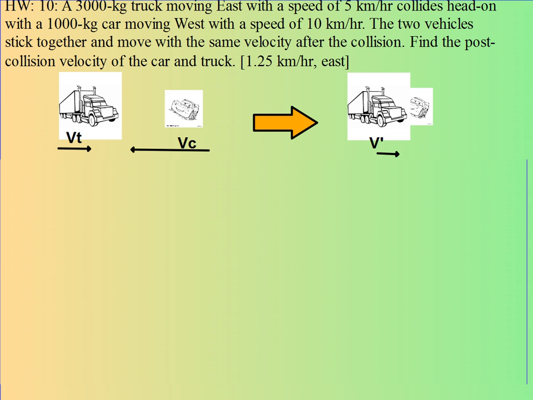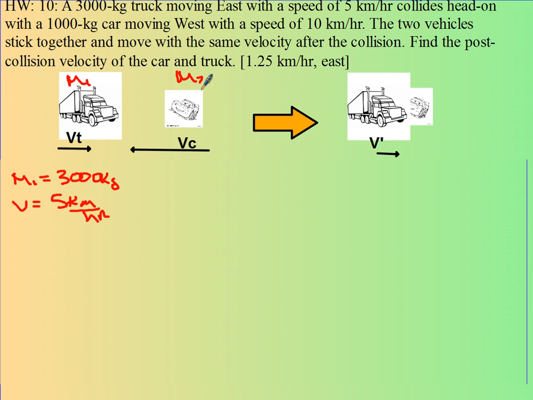Now, suppose I have a 3,000 kilogram truck. So here, M1 is 3,000 kilograms. It's traveling east. It has a speed of 5 kilometers per hour. And it collides head-on with a 1,000 kilogram car.